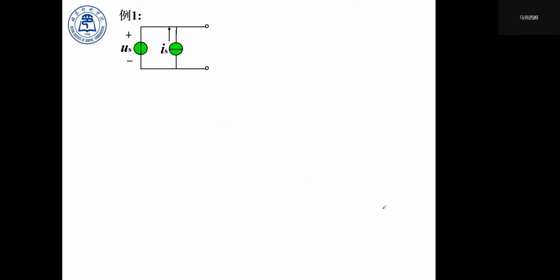For the first example, let's see, we have an ideal voltage source on the left branch, and an ideal current source on the right side, and they are connected in parallel. Could we transform that into one single voltage source?